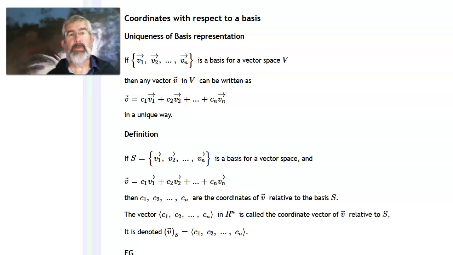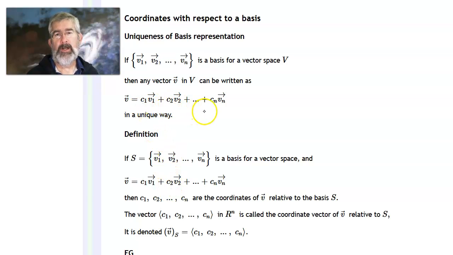Okay, and because of that uniqueness, that there's only one set of coefficients here, C1, C2, to Cn, that will make this work and add up to V, we can use these numbers to define a couple of concepts here.